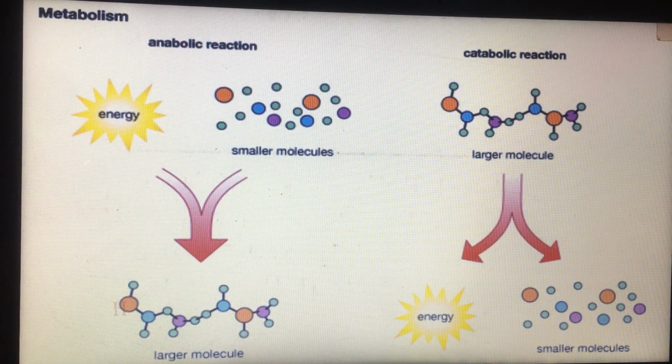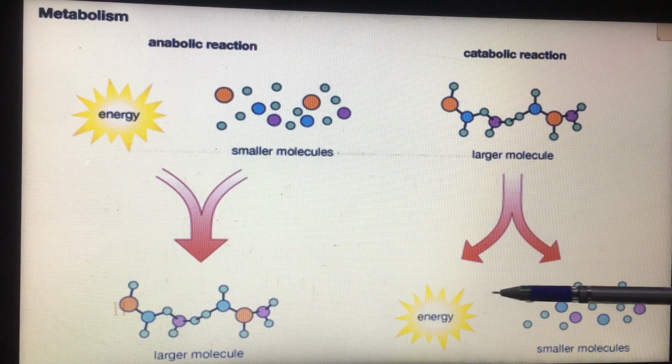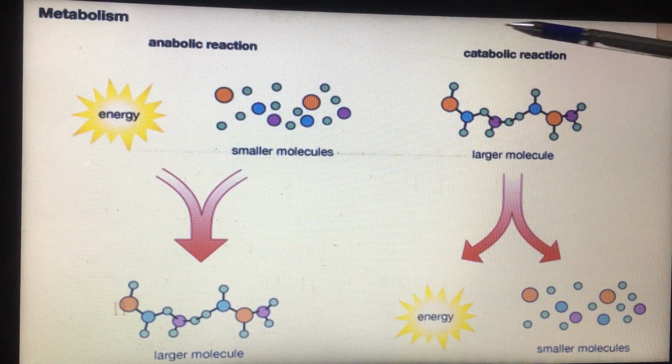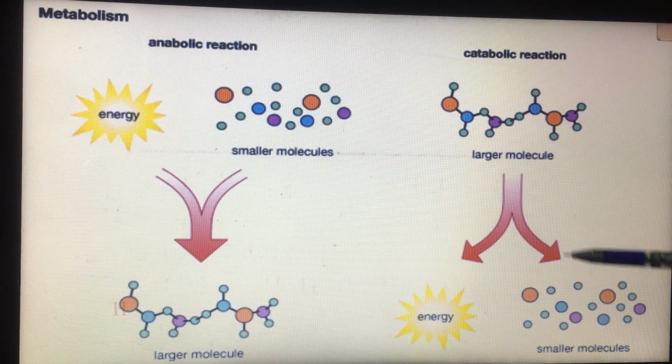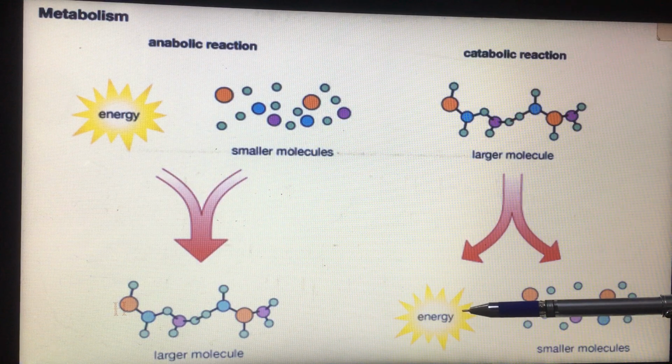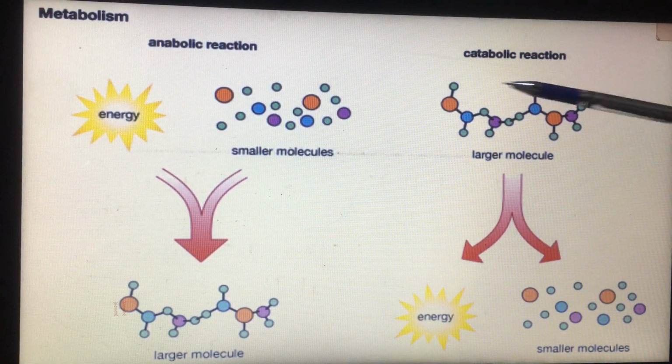Okay, let's focus on the second part. In the second part, large molecules are broken down into smaller ones, but here energy is released. This reaction is called catabolic reaction.